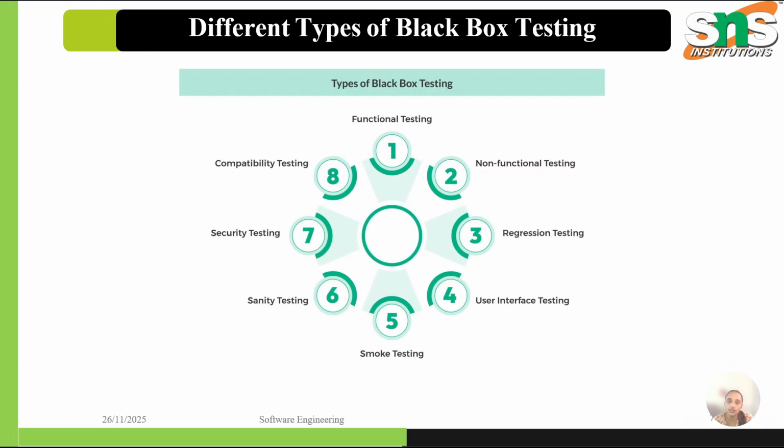There are many different types, for example regression testing, functional testing, compatibility testing, security testing, sanity testing, smoke testing, user interface testing, regression testing, and also non-functional testing. These are all different types of black box testing.